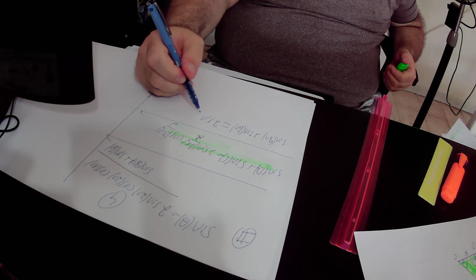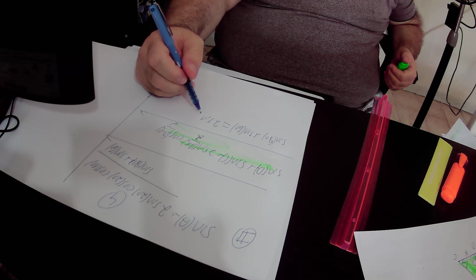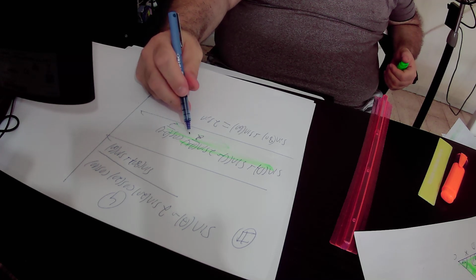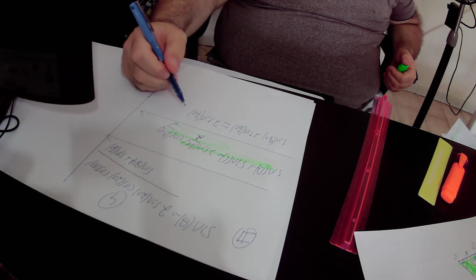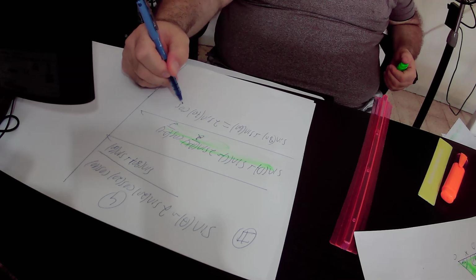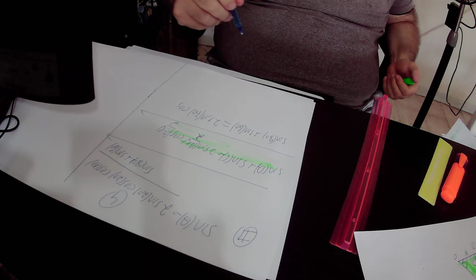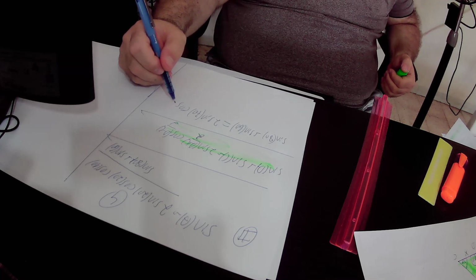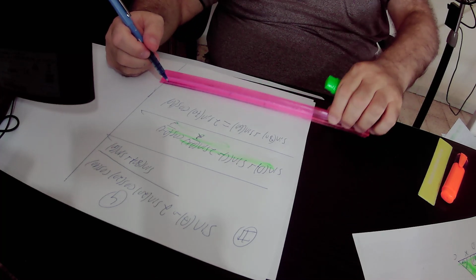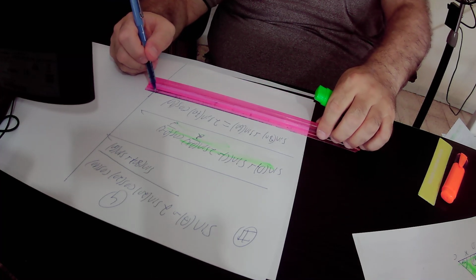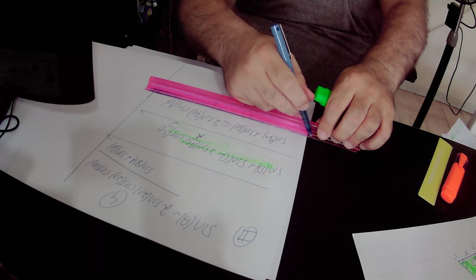D is 80, C is 60, so 80 degrees plus 60 degrees is 140 degrees, and 140 degrees over 2 is 70 degrees. Times cosine D minus C over 2. D is 80, C is 60, so 80 minus 60 is 20, and 20 over 2 is 10. So in conclusion, I found out that sinus 80 degrees plus sinus 60 degrees equals 2 times sinus 70 degrees times cosine 10 degrees.